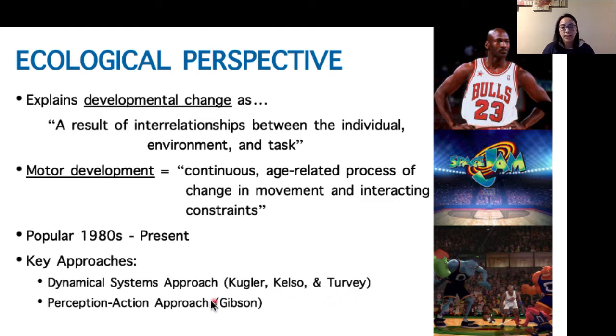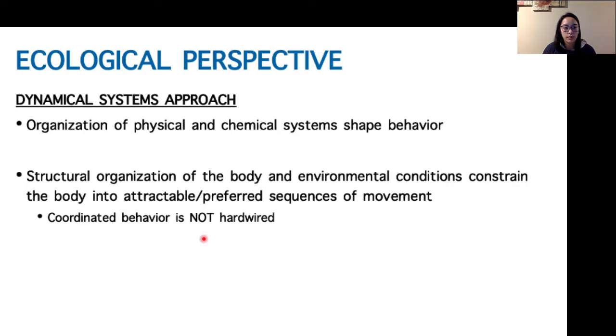And then the second branch is noted as the perception action approach, with primary influences from J.J. Gibson. That approach is centralized around the development of sensations, how we perceive those sensations, and then how our perceptions drive our action. We'll discuss both of these a little bit more in detail, starting with the dynamical systems approach.